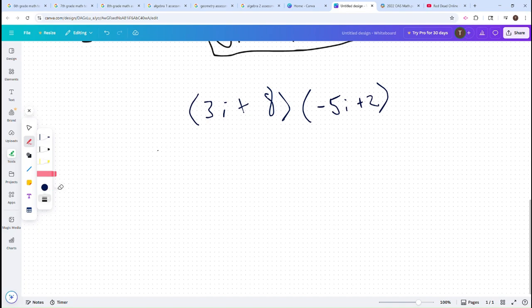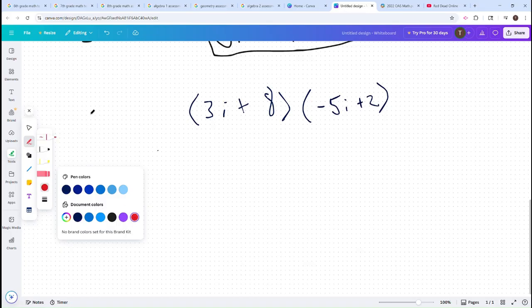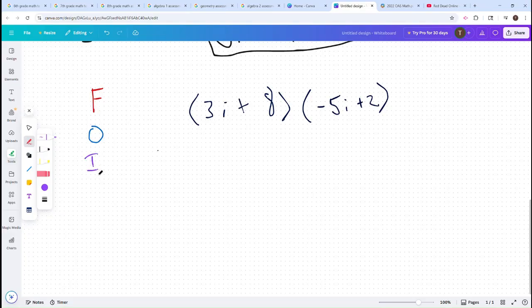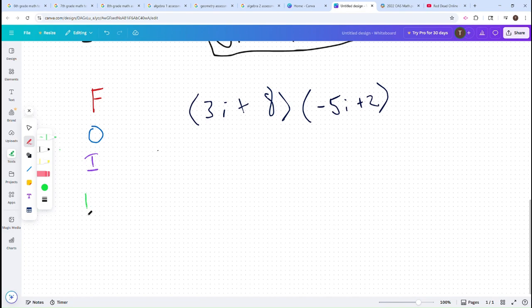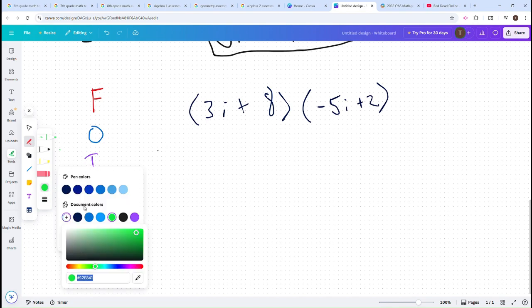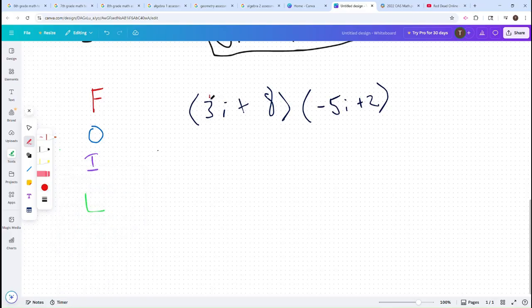Let's go. F, O, I, and L. So FOIL is the first terms first.